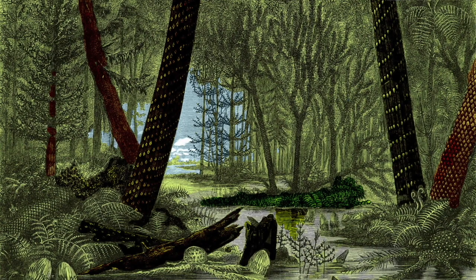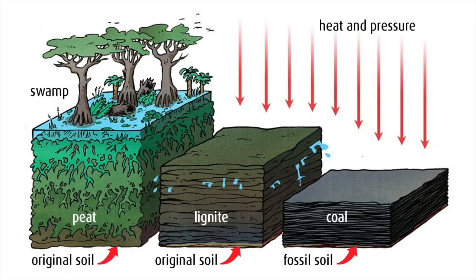This is called the Carboniferous forest, and it supposedly grew on top of itself for hundreds or thousands of years and accumulated. So this is the model. The trees keep growing on top of one another, and after they die, it gets compressed into something called lignite. Then eventually that gets compressed more and becomes coal.